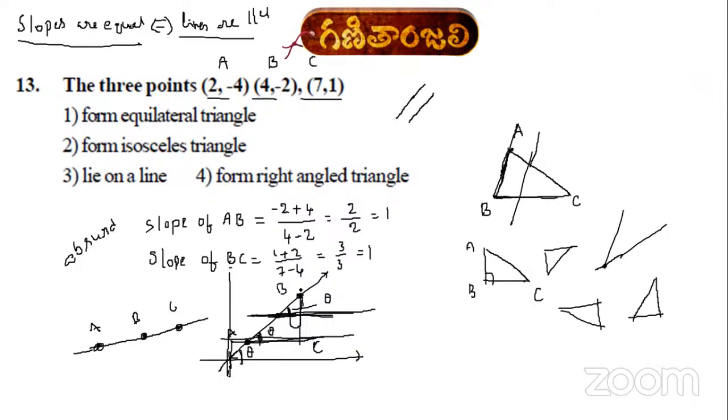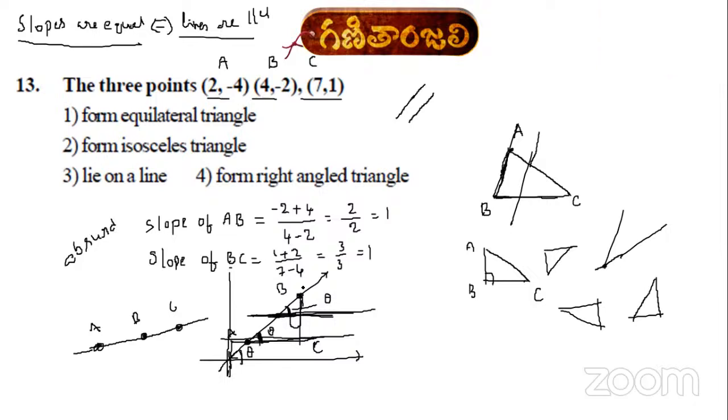We found the formula to find the slope based on this angle only, the tan theta formula. If the angles are the same, then the formula and the value are also the same. So if this is theta, we got y2 minus y1 by x2 minus x1. If this angle is also theta, then we get the same answer.